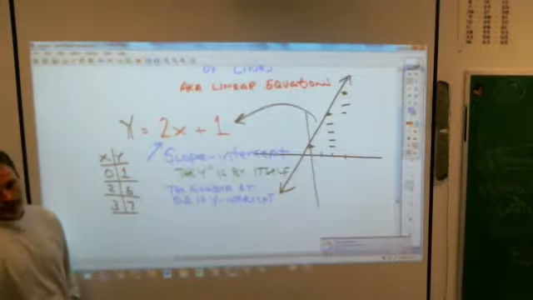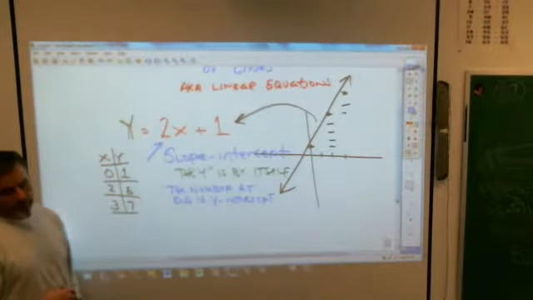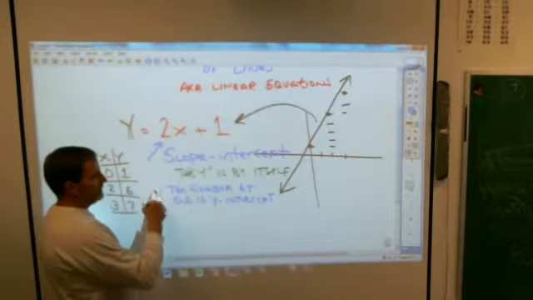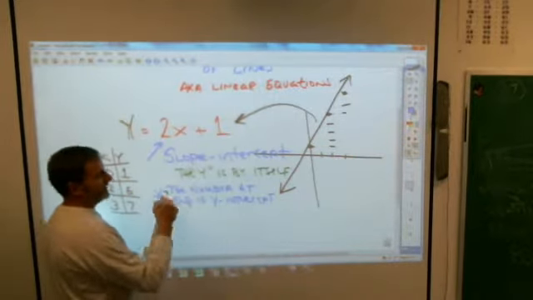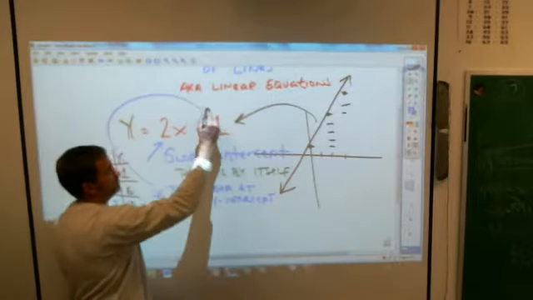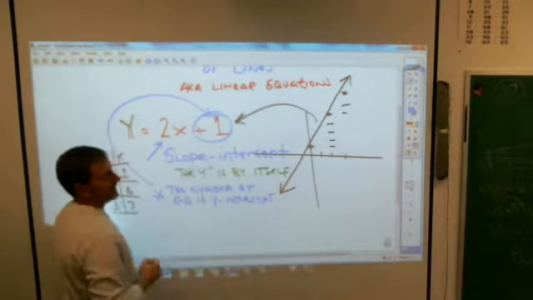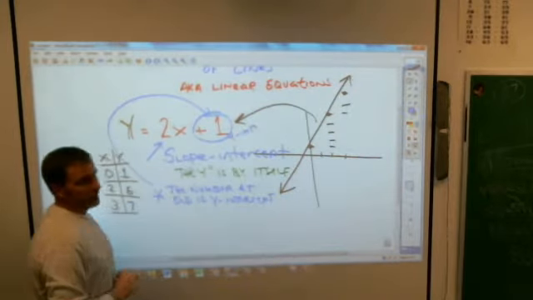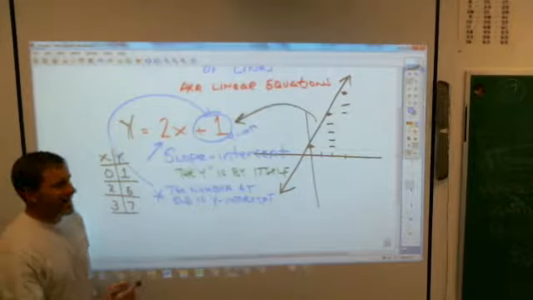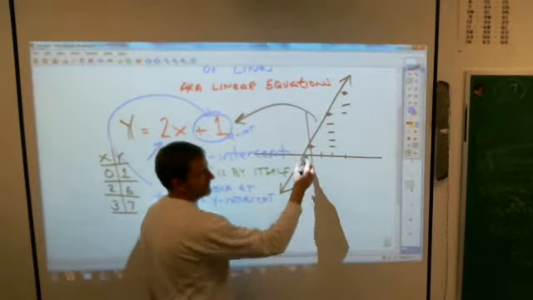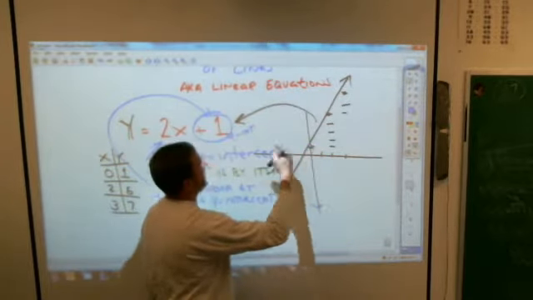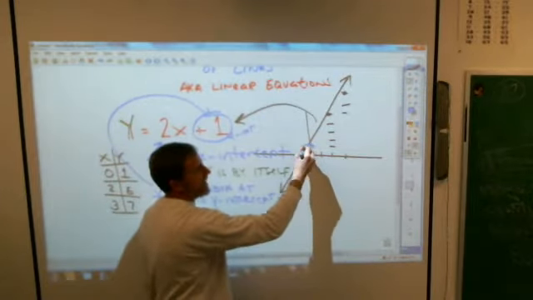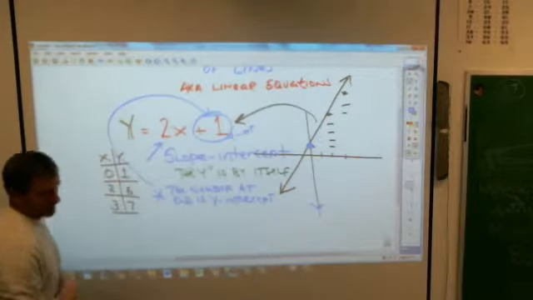So intercept means to cross paths with it. It's where they cross paths. So the number at the end, that's the y-intercept. That is where it crosses the y-axis. And look, it did. At plus 1, where y is 1, that was the y-intercept.